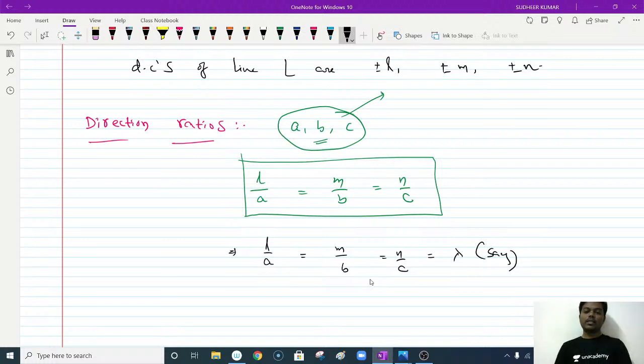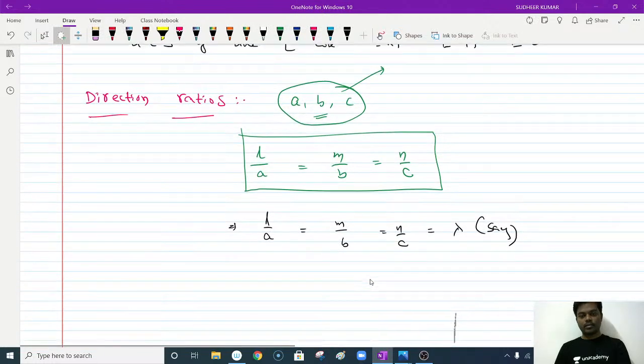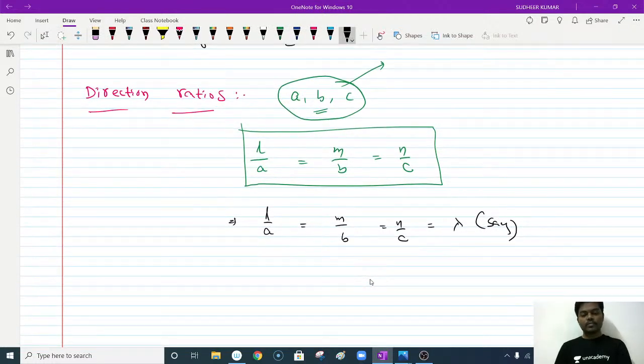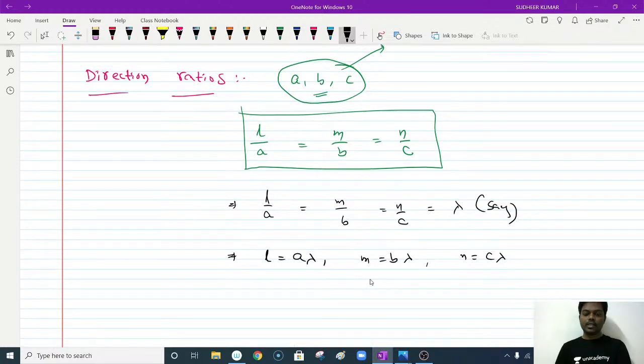So say this as lambda. Then we can write L equal to A lambda, M equal to B lambda and N equal to C lambda, isn't it?